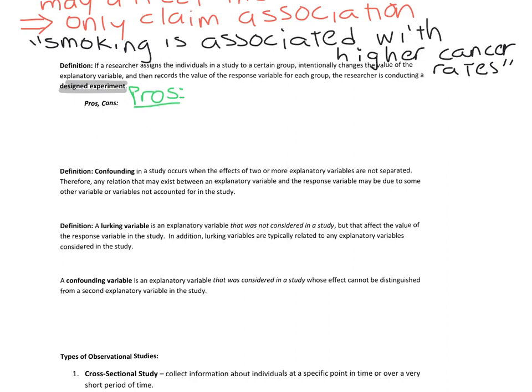And then they're telling them how much they can smoke. Maybe some people smoke 5 packs a day. Maybe some people smoke 1 pack a day, and then other people don't smoke at all. And when you control the environment like that, now you can claim causation. Smoking causes cancer, for instance.